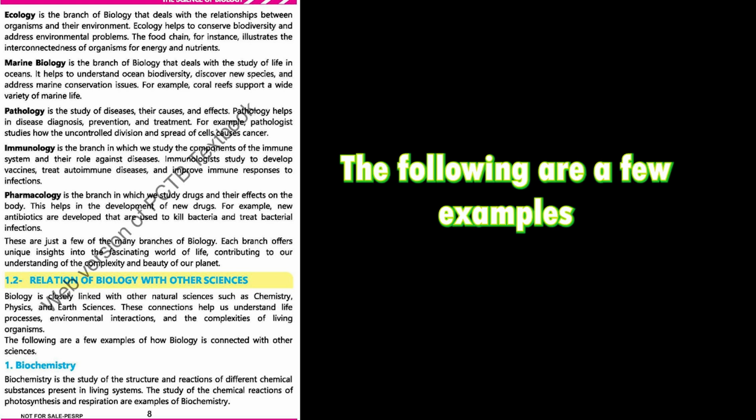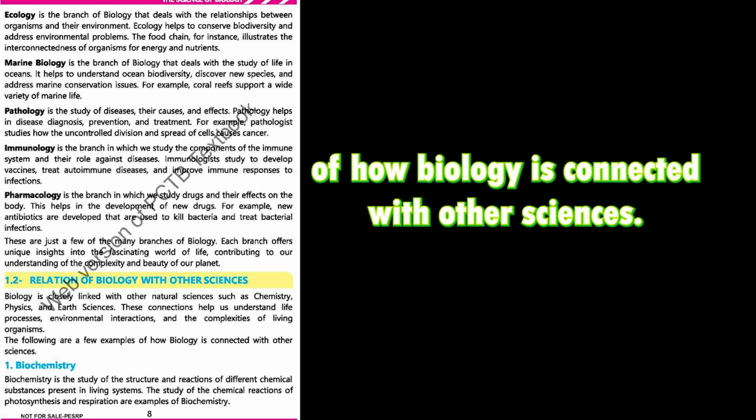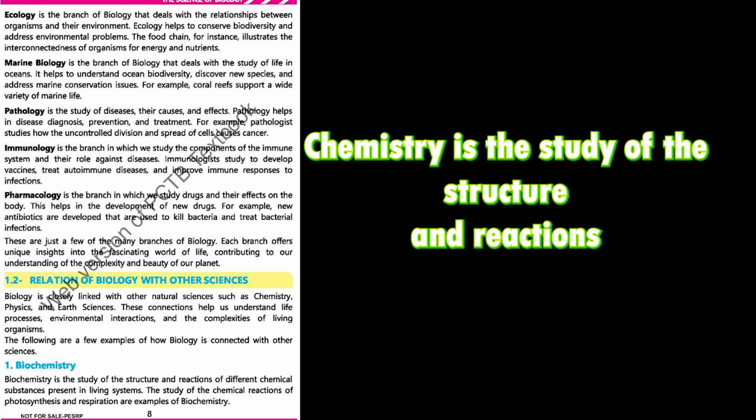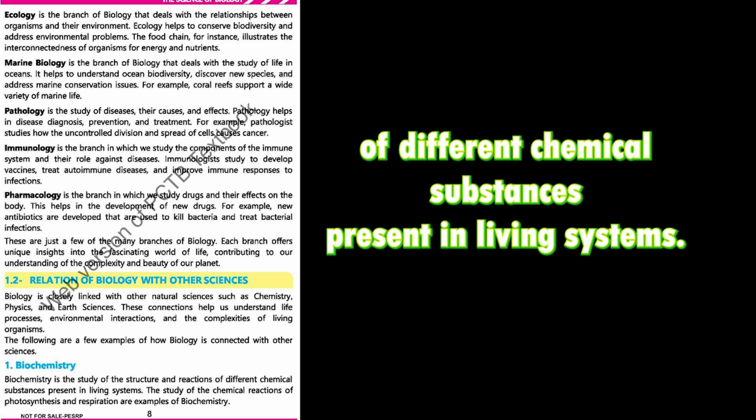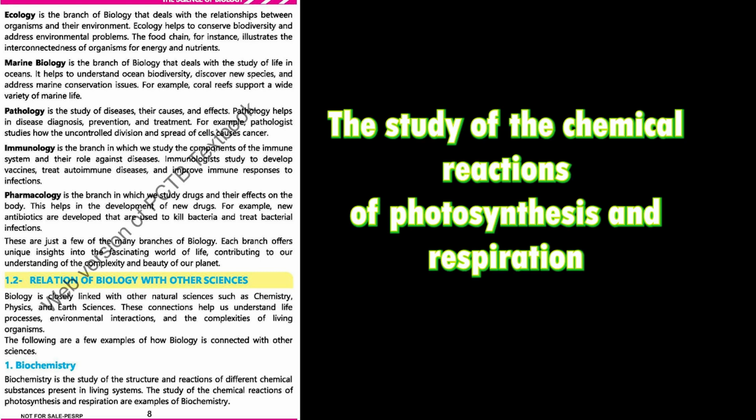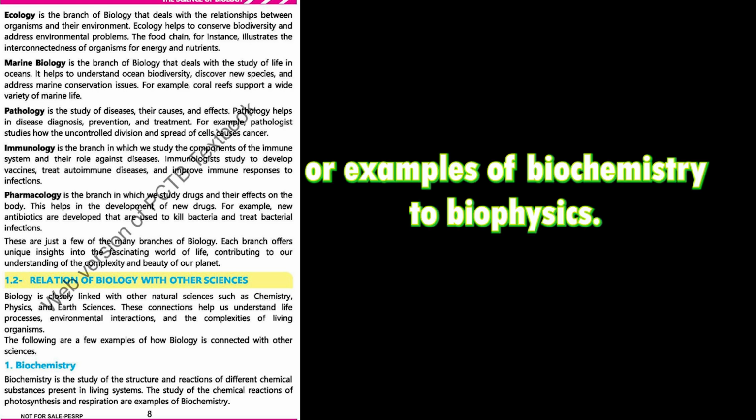The following are a few examples of how biology is connected with other sciences. 1. Biochemistry. Biochemistry is the study of the structure and reactions of different chemical substances present in living systems. The study of the chemical reactions of photosynthesis and respiration are examples of biochemistry.